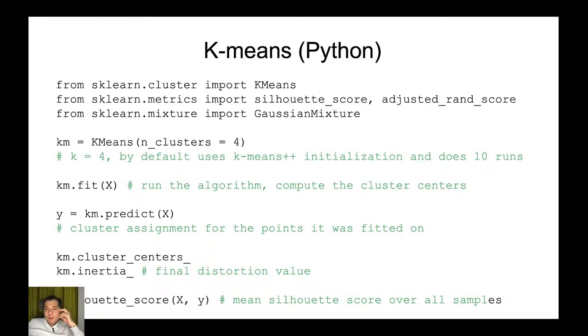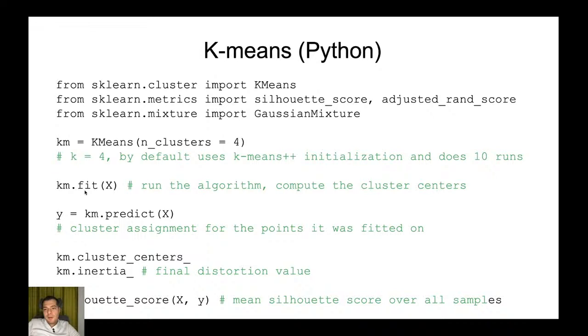So when you run the k-means algorithm, by default it has k-means plus plus initialization, and it does 10 runs, and it chooses the run with the lowest distortion measure, and you can here provide the number of clusters.